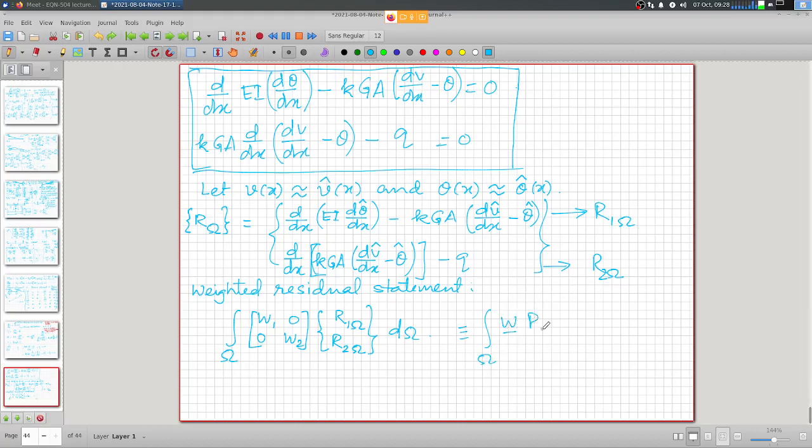So collectively, I can write this as the matrix of weighting functions, the vector of domain residuals integrated over the domain, is equal to 0. That's the weighted residual statement. And this is also a vector, a null vector.